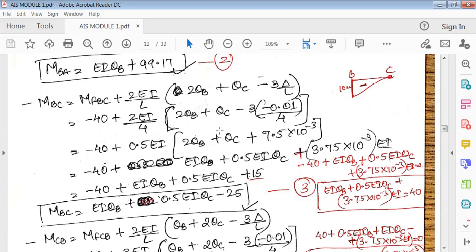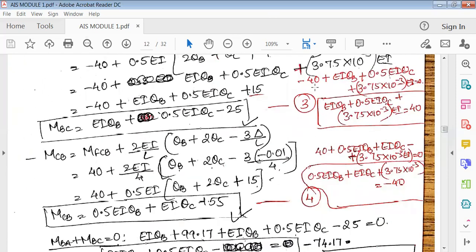Simply supported, theta C. Now see here, minus 3 in this delta value, you should take it as minus 0.01 divided by 4, because consider the span also. Again, multiply all these values. So we'll end up with minus 40 plus EI theta B, and keep it as it is, theta B first, theta C second, that is 0.5 EI theta C, then the constant value equal to 40.